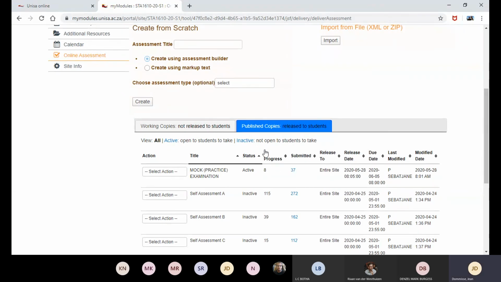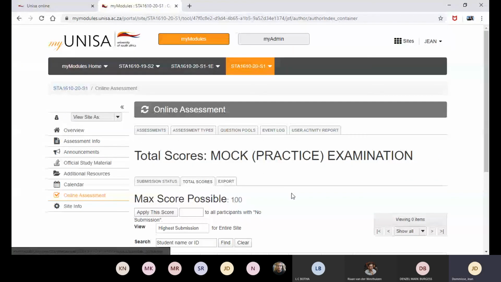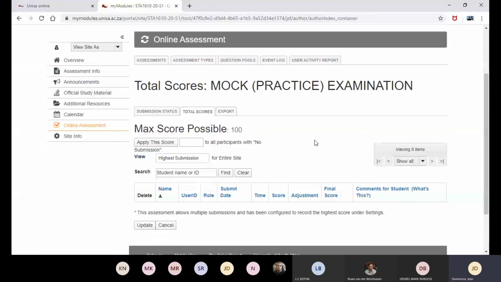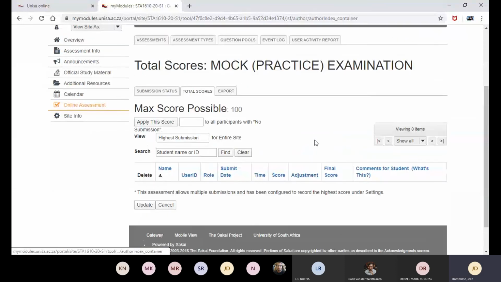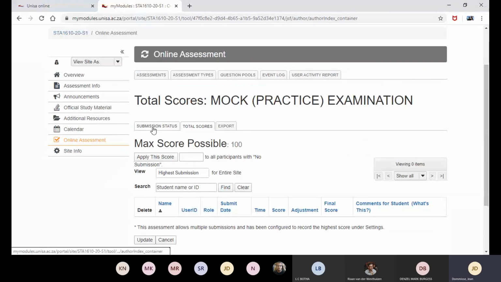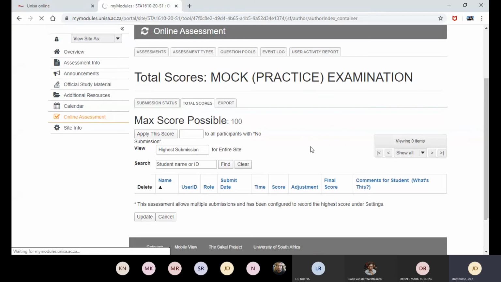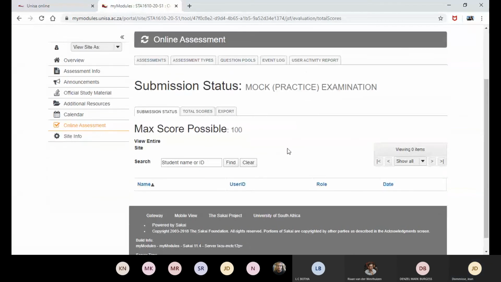So it tells me in progress and it tells me where it was. Okay, let's for interest sake see. It is very interesting to see how this will work, and obviously I don't have a student number.